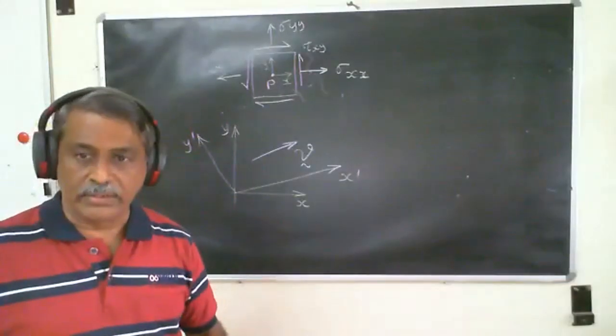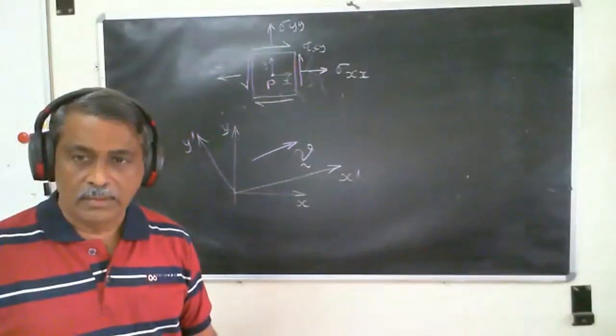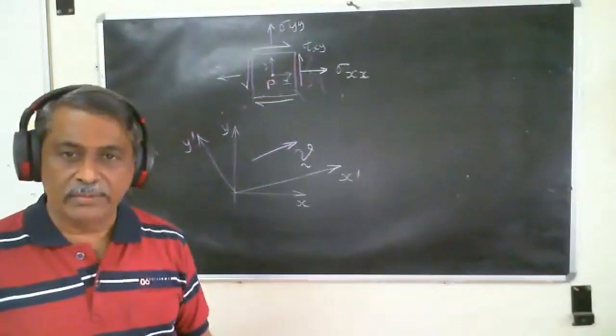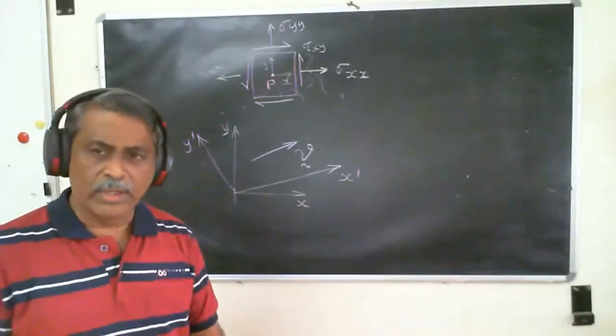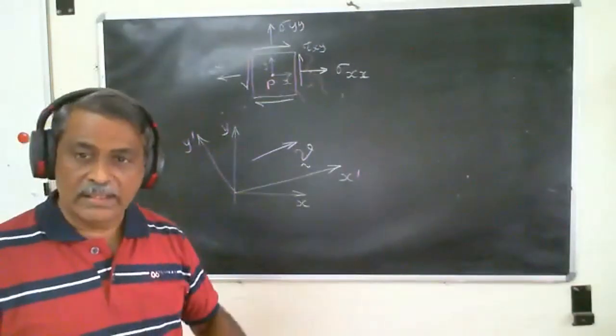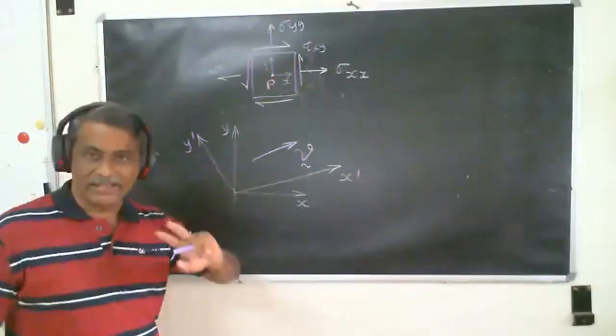What's the difference between these two? Quickly. As you respond, it becomes easier for me to share my understanding. Different orientation, different angular displacement. One thing is clear, which you have not mentioned over here, it is different from X.